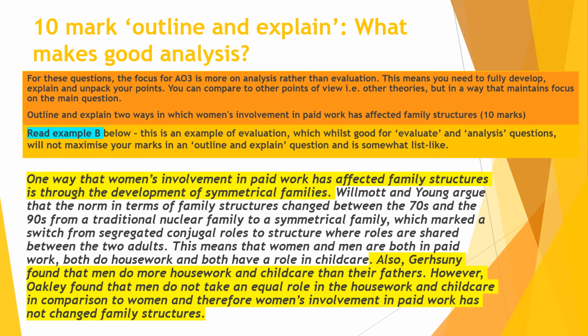They go, this means that men and women are paid the same. They also then have this separate bit, although Gershuny found that women, this kind of goes into an off-the-topic discussion. This material wouldn't really be credible, because particularly here, we see the start of quite a specific evaluation, and up here we almost go on a different tangent, and the significance isn't really demonstrated.